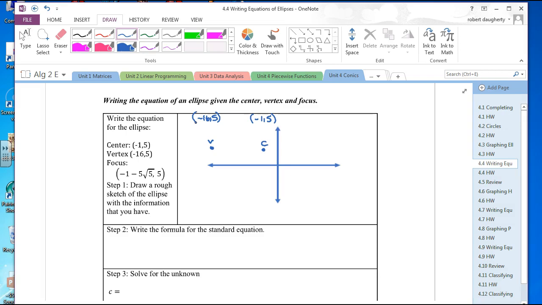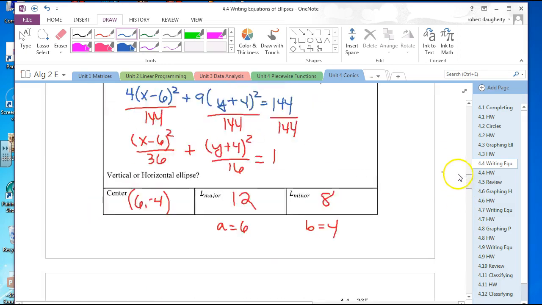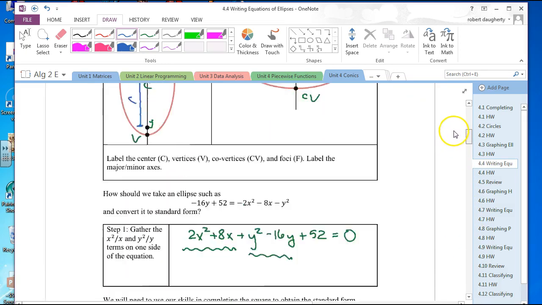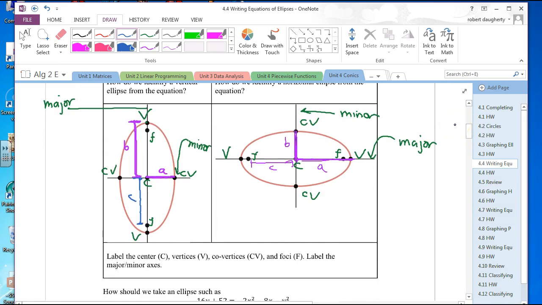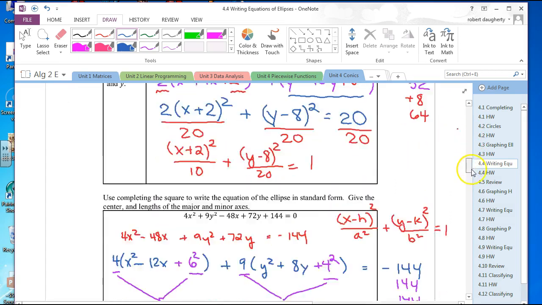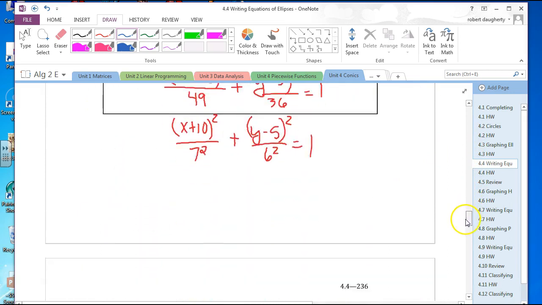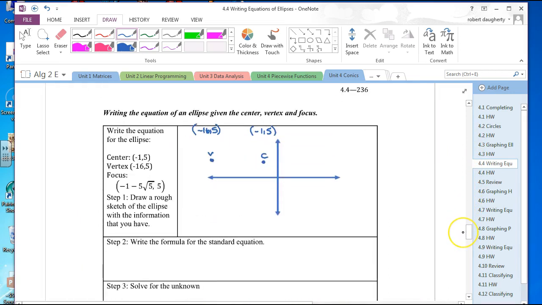It's going to be on the same horizontal line between the center and the vertex. If you go back to our original equation, if you've got a center and a vertex, the focus is always in between there. So the focus has to be somewhere right here.